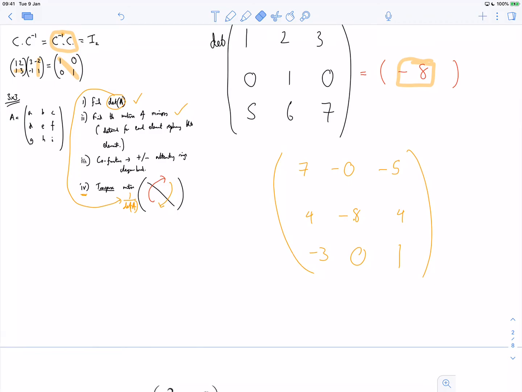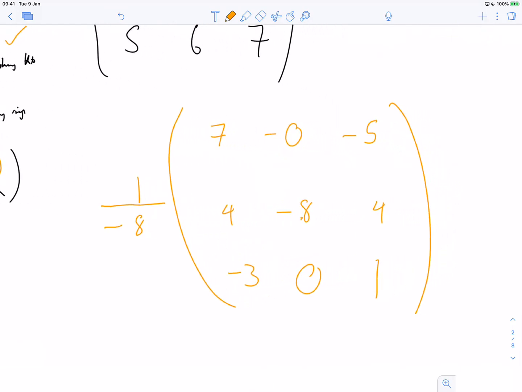And then finally, to transpose it, I just times this by 1 over the determinant, which is -8. So another way of thinking about this is I'm going to multiply every element in my matrix by -1 over 8. So what would happen there?